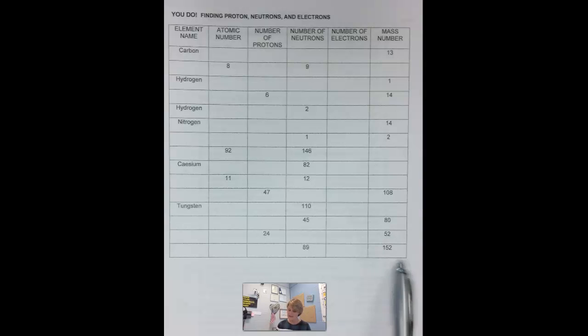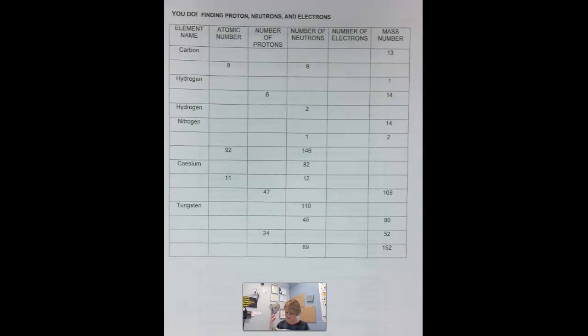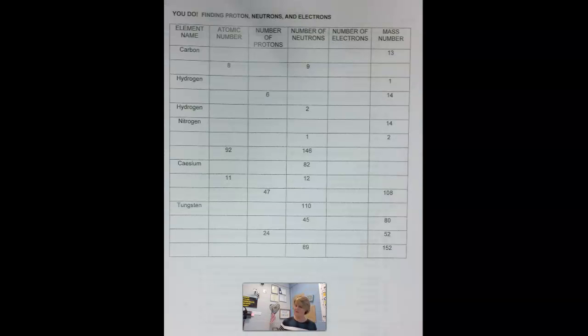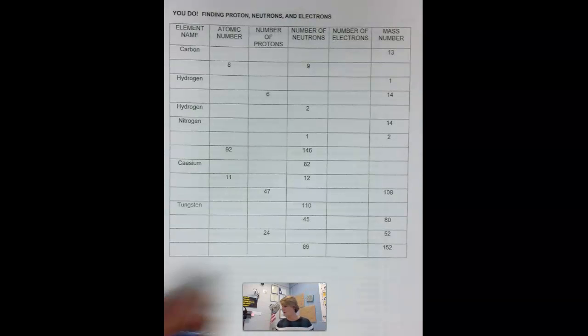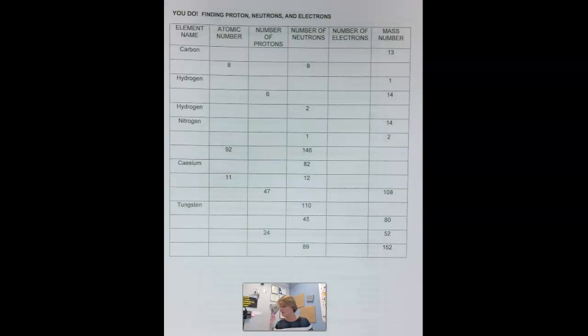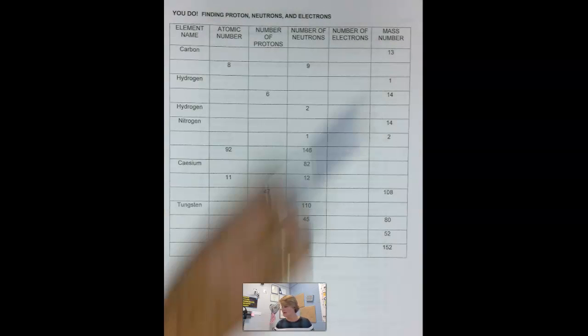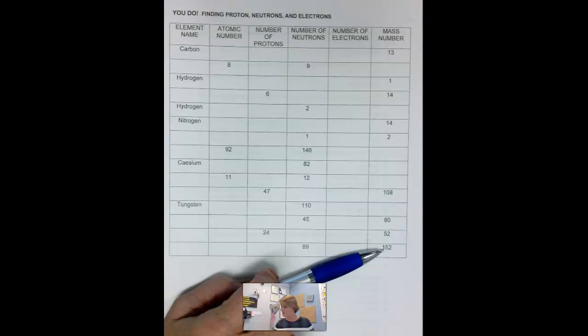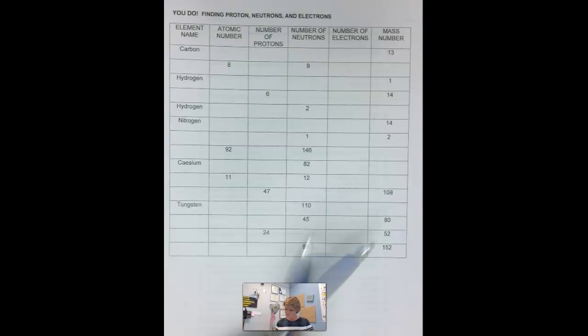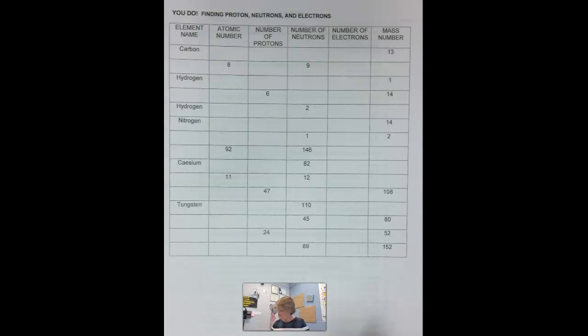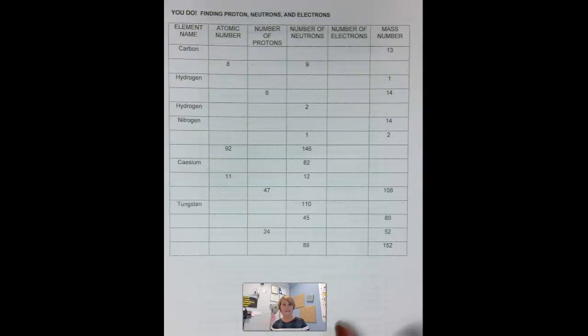We're going to talk more about that as we back up, and we'll do page 58 and 59 because we're going to talk about isotopes. So if you ever look at the periodic table and it does not match the number of neutrons that you're going to have, that's okay, because we're going to talk about what's called isotopes. So you need to be sure you have page 61 completed and ready to grade.